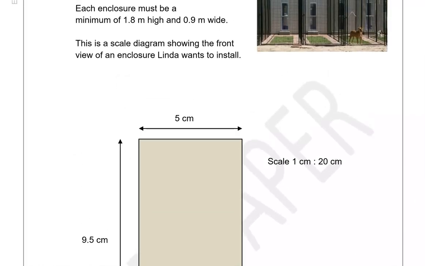So we've got the dimensions on the scale diagram being 5 centimeters and 9.5 centimeters. We're also given the scale, which is 1 centimeter to 20 centimeters. So if 1 centimeter on the diagram is equal to 20 centimeters in reality, what about 5 centimeters?